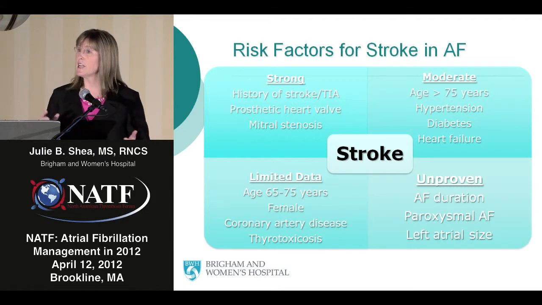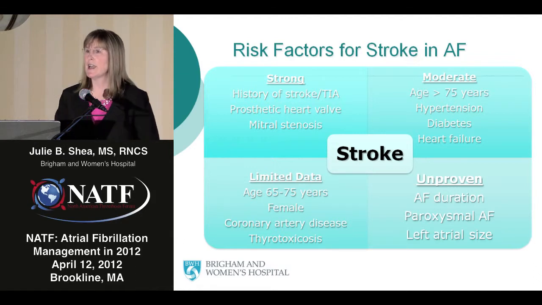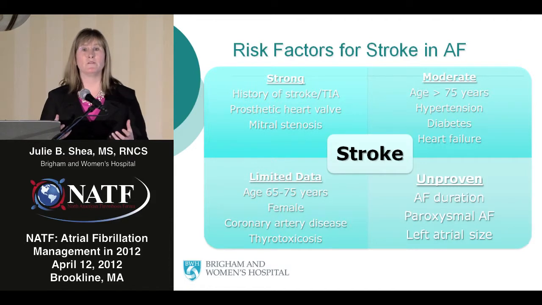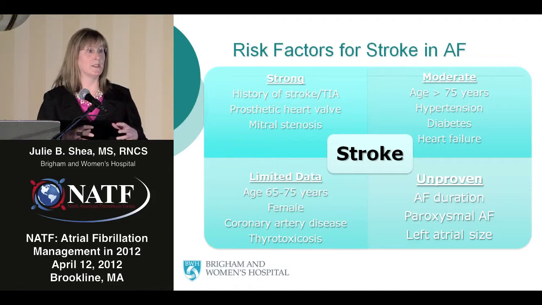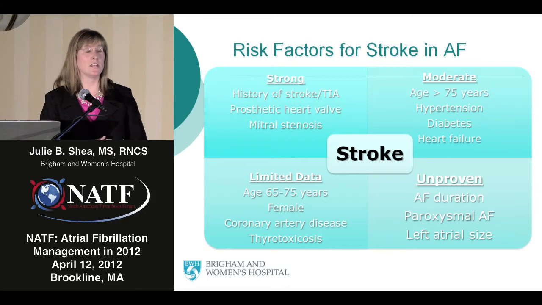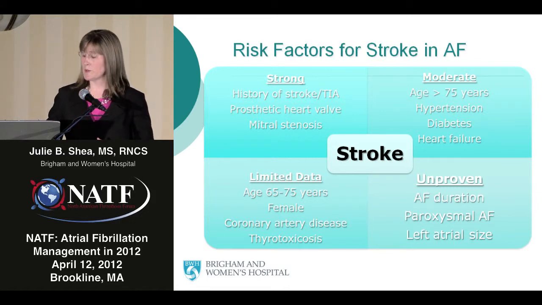But again, that's kind of a nebulous time duration. Paroxysmal atrial fibrillation, it is thought that the conversion back to sinus rhythm, after the patient's been fibrillating, is when their greatest risk of having an embolic stroke may be. And left atrial size, the larger diameter of the atrium, potentially contributes to stroke risk.